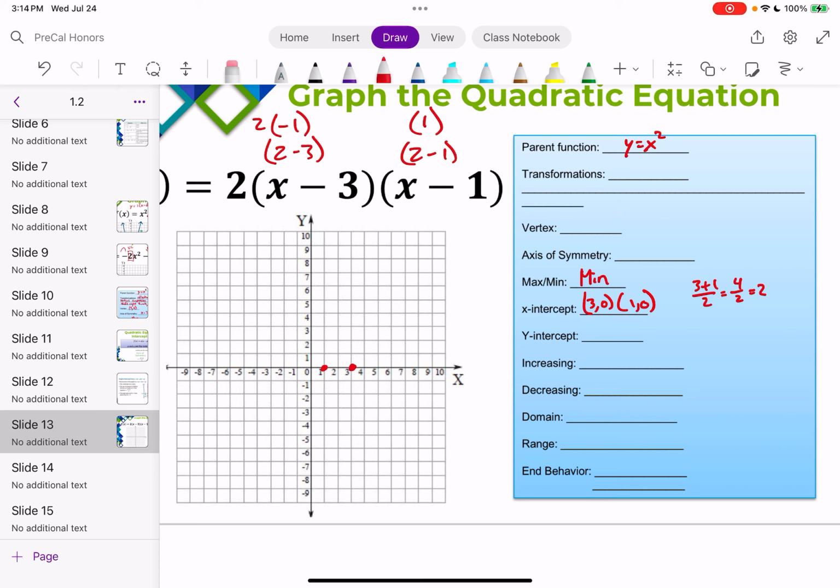And that will give us our vertex, which is 2, negative 2. Now we also have our axis of symmetry. X is equal to 2.